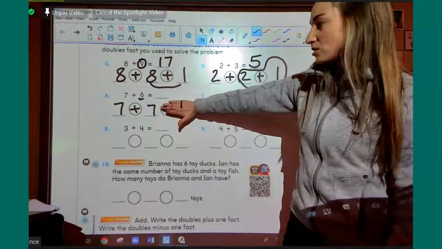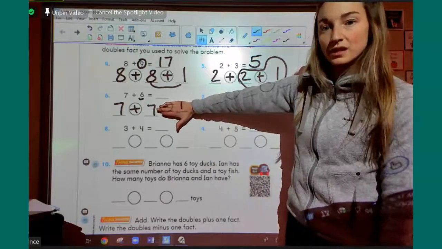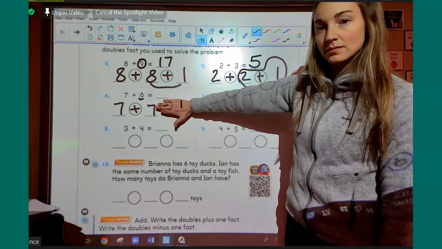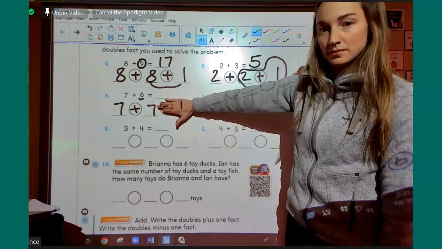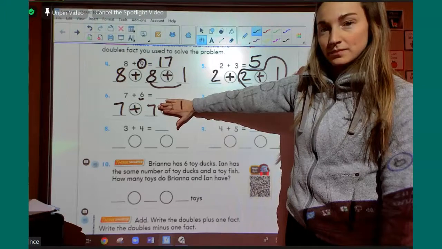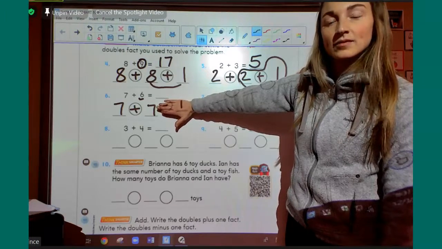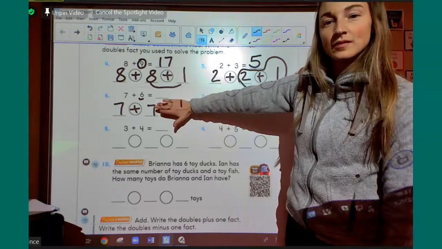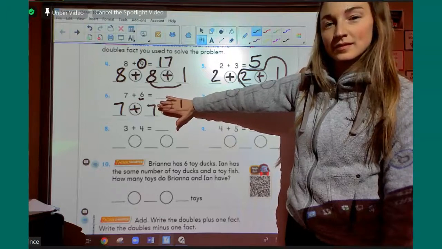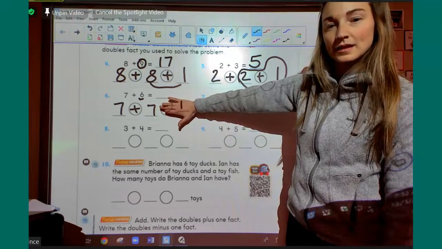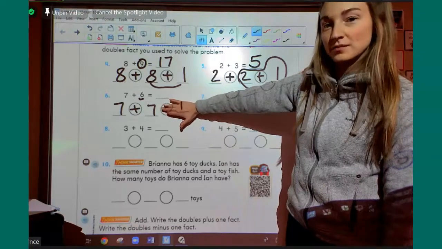So if I just do this part here, 7 plus 7, Keela, can you tell me 7 plus 7? Yes. 7 plus 7. So I have 14. 14.